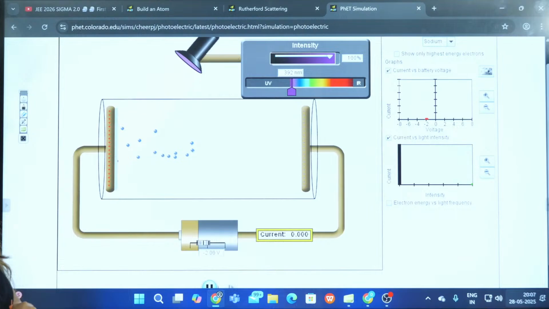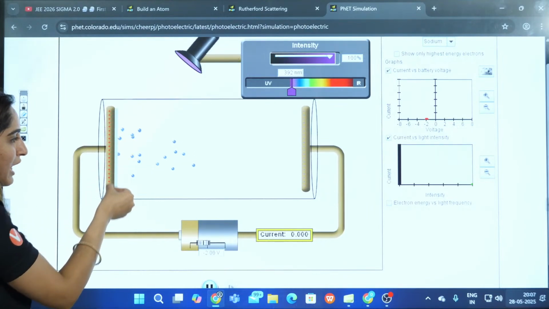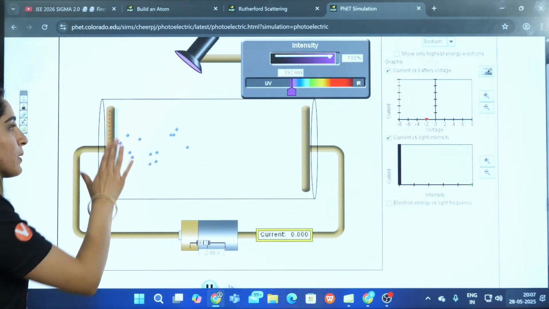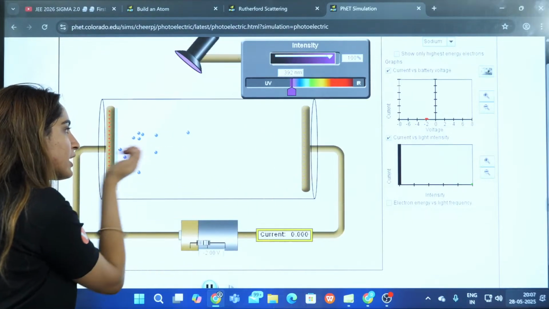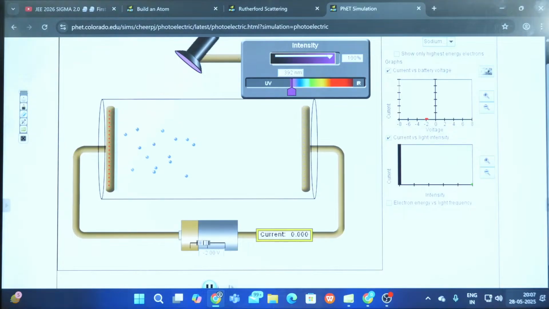You have positive potential here and negative potential here, so it will start attracting, and the current has decreased. Let's decrease it even more. Let's decrease it to minus 5. Okay.